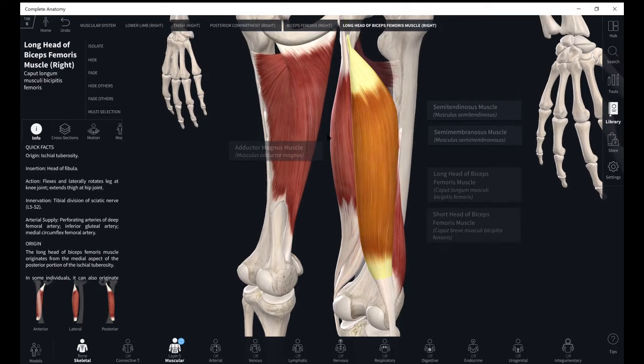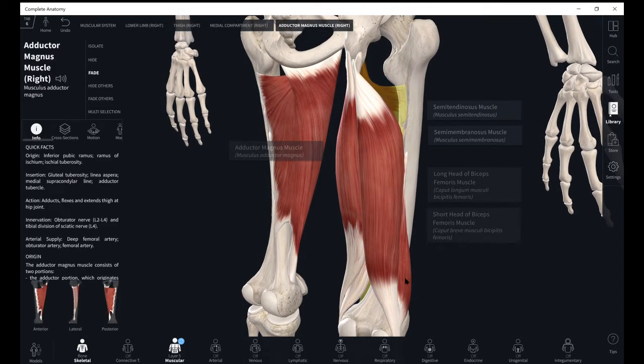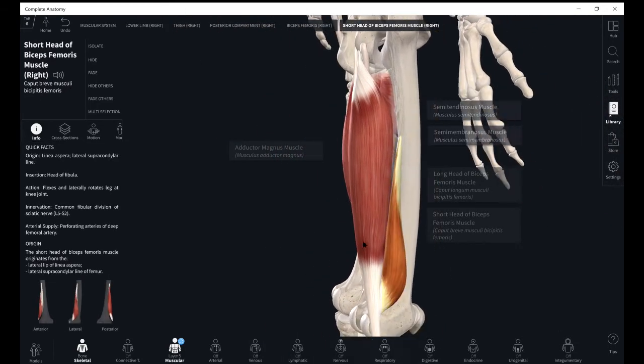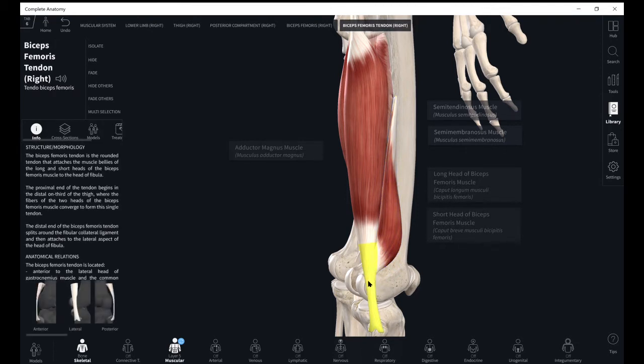Lastly, we'll look at adductor magnus. So actually before that, we also want to look at the short head of the biceps femoris. The origin is the linea aspera and the lateral supracondylar line. And then its insertion is into the head of the fibula as well, via the tendon.